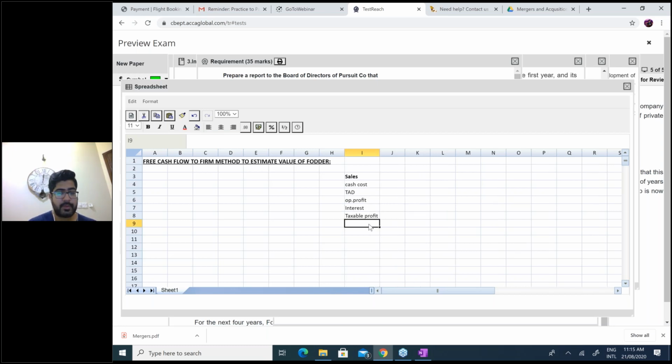From that taxable profit we pay tax. Okay, then we add back TAD, then we deduct investment in working capital, investment in non-current assets, we get FCF to company.